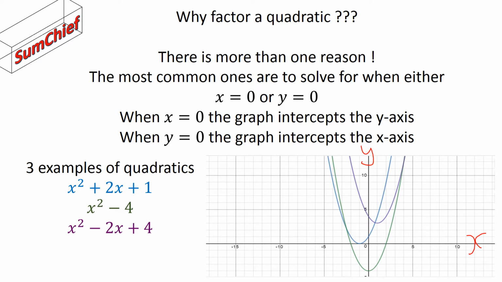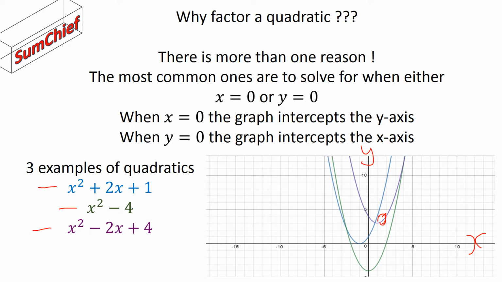So, we've got three examples of quadratics: x squared plus 2x plus 1, x squared minus 4, and x squared minus 2x plus 4. And you can see that these three graphs behave differently. This one here, x squared minus 2x plus 4, doesn't intercept the x-axis anywhere.